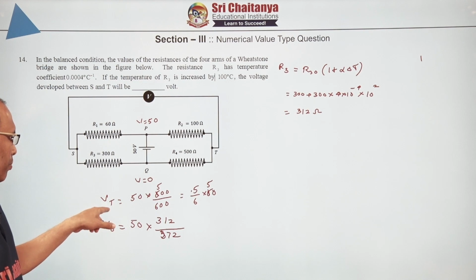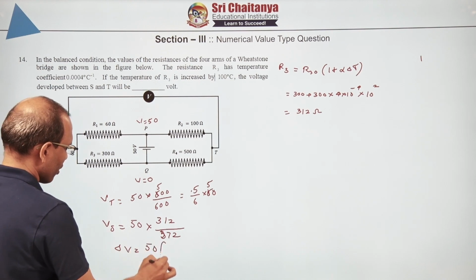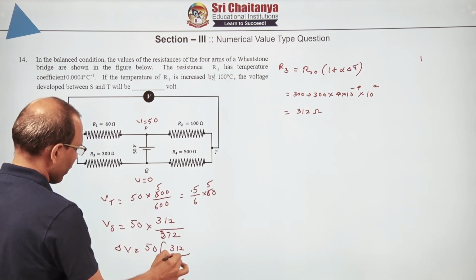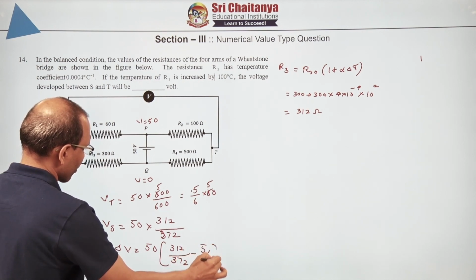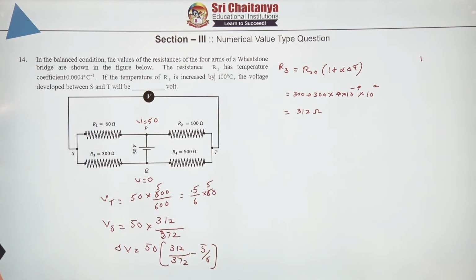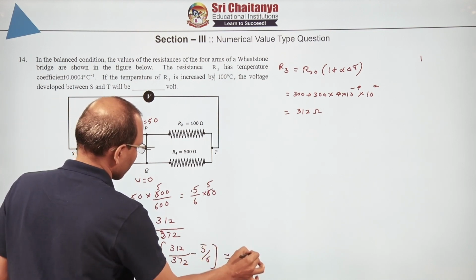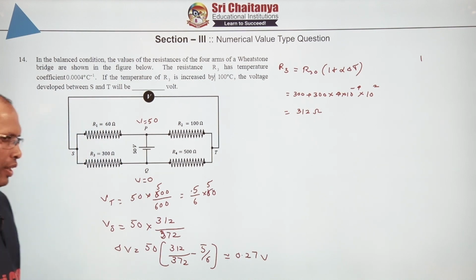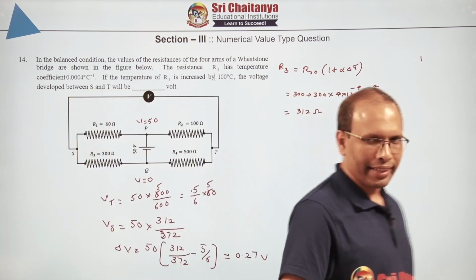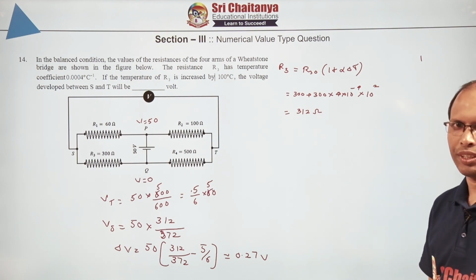So this is Vt and this is Vs. We want the potential difference delta V, which will be 50 into 312 by 372 minus 5 by 6. When you simplify, it comes out to be approximately 0.27 volts. Okay, simple one, but some effort for the calculations. Alright, this is question number 14.